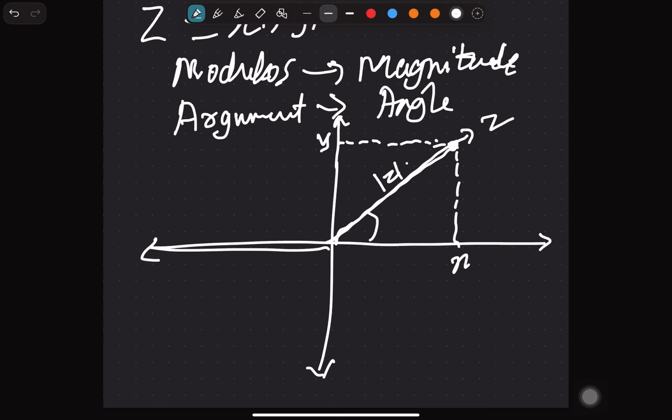So the magnitude of z, let's call it r, and the principal argument is the angle we are talking about, theta, making with the x-axis.